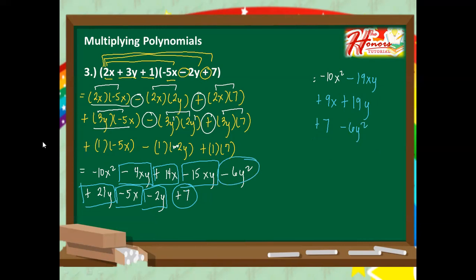How about the final answer? This is not the final answer because we have to arrange it alphabetically, starting from the highest exponent up to the lowest exponent. So we have here negative 10x squared minus 6y squared plus 9xy plus 9x plus 19y.